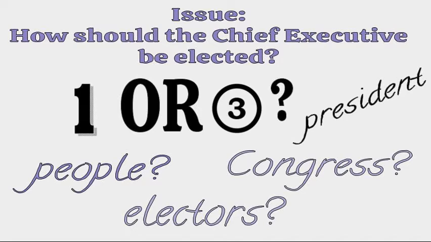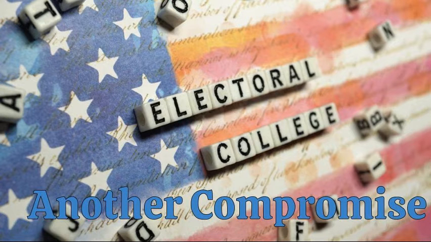Still, others suggested that the president be elected by a specially chosen group of electors from each state. Such a group, they felt, would be able to look beyond state interests to make a wise choice for the entire country. Which brings us to the Electoral College. After some 60 votes on the issue of how to elect the president, the framers reached another compromise. Neither Congress nor the people, they decided, should choose the president and vice president.